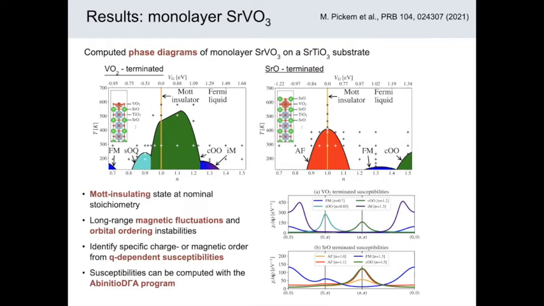And there you basically have two options for the surface termination. It's either VO2 terminated or SrO terminated. And in both cases, when you thin down the strontium vanadate from the bulk to a few layers, to the monolayer, you have a transition from a metal to a Mott insulator.